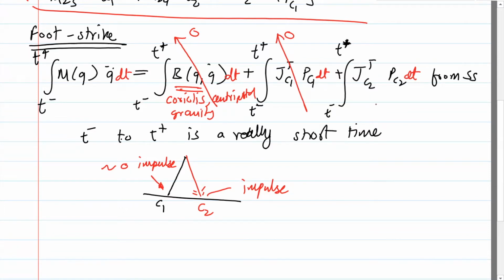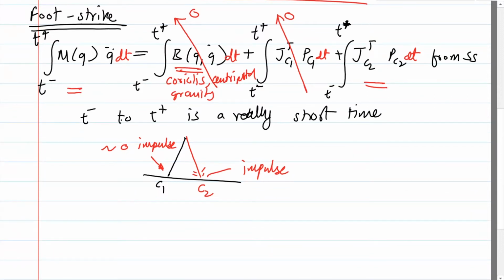So effectively this term is practically zero, and this one is not equal to zero. The only two parts which remain in the equation are the first and the second.